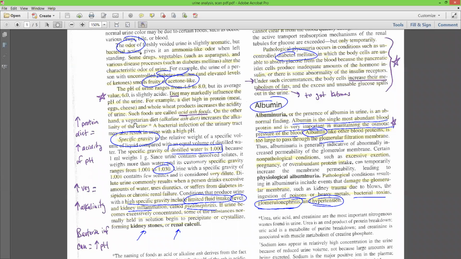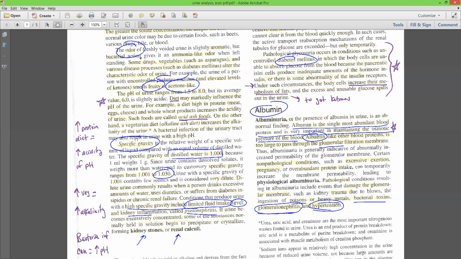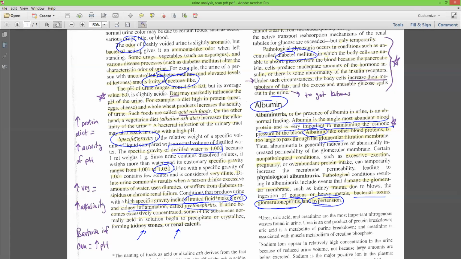Okay, specific gravity will help you with how hydrated the person is. Okay, so distilled water has a specific gravity of 1.0. So since urine has solutes in it, it's going to weigh a little bit more.